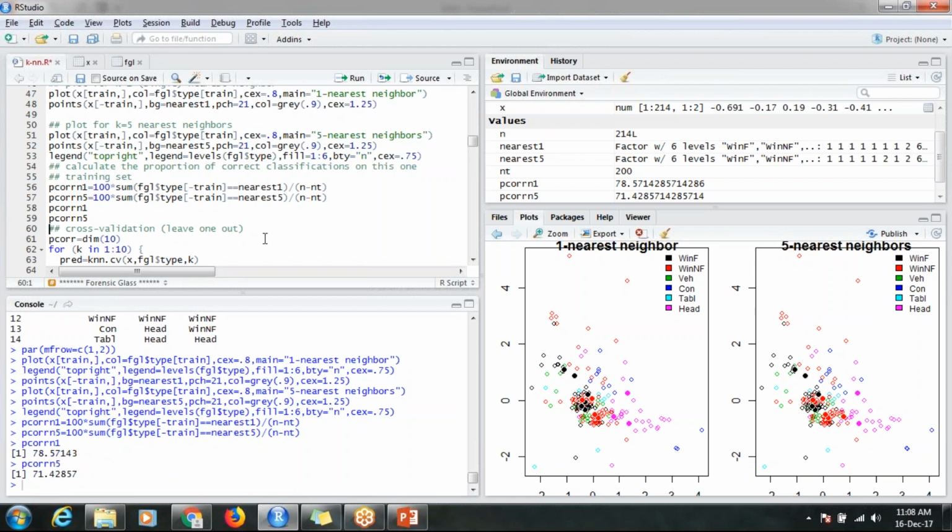So how do we decide upon the value of k? Here we come to a method called cross-validation.